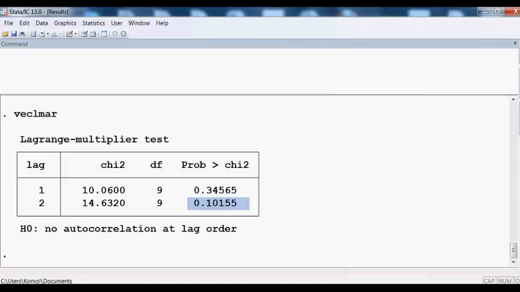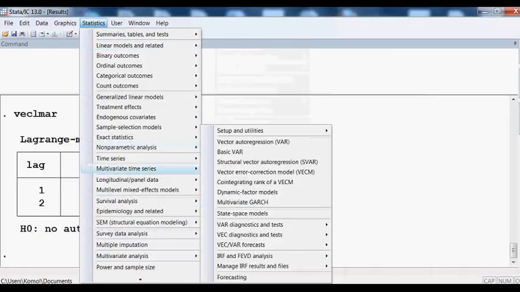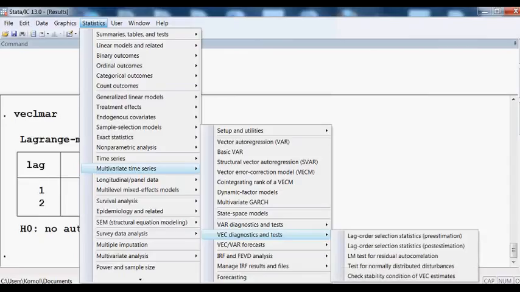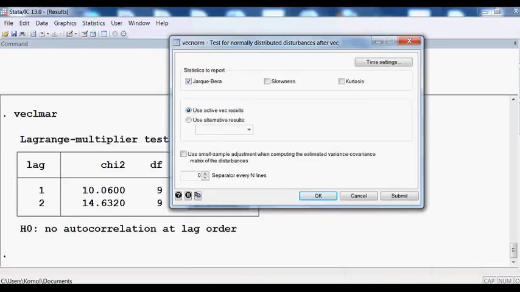Okay, then we can check also one more thing, whether the residuals are normally distributed or not. I go to statistics as before, multivariate time series, and vector error correction diagnostic and test for normally distributed disturbances. I click here, and here I choose the Jarque-Bera statistics only.